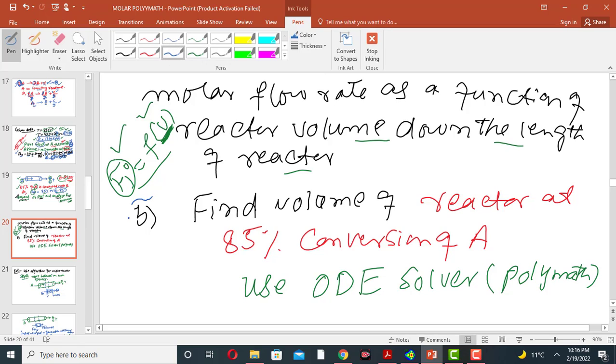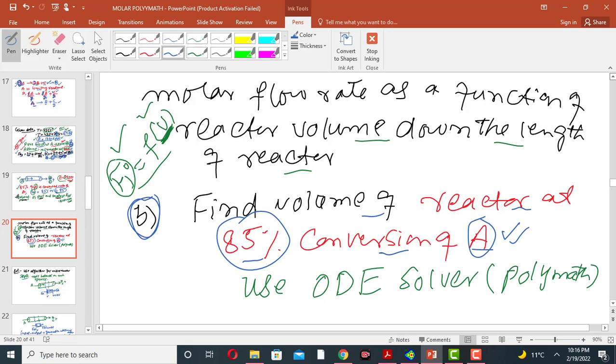And the second question is to find the volume of reactor at which 85% conversion of A is occurring. So what will be the volume of the reactor when the conversion of A in the reactor is 85%?